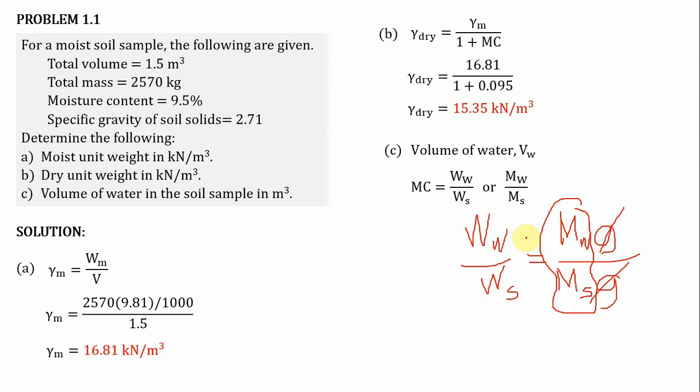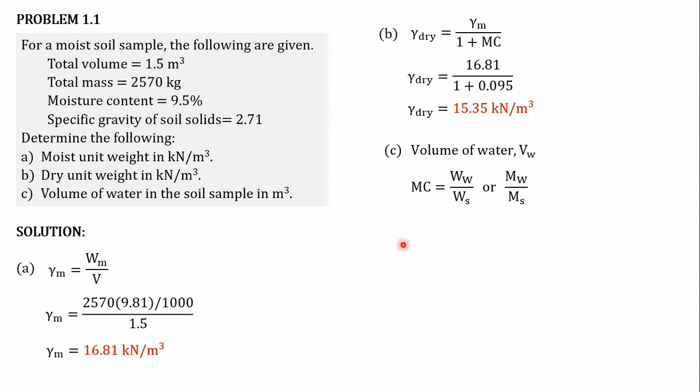So, this is the solution. Therefore, the moisture content, 0.095, is equal to mass of water divided by mass of solids. Take note, mass of water is equal to mass of moist soil minus mass of solids. For the properties of moist soil, whether in terms of weight or mass, we only consider the mass of water and mass of solids. There is no mass of air, because the mass of air is negligible.